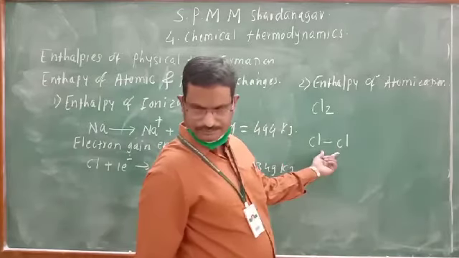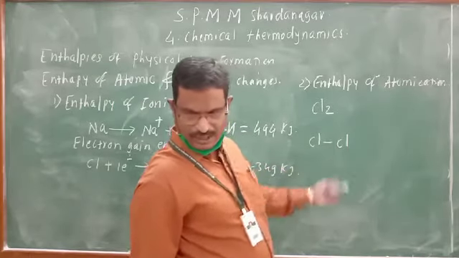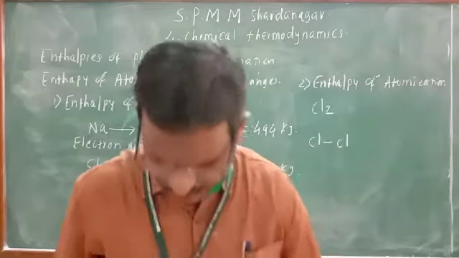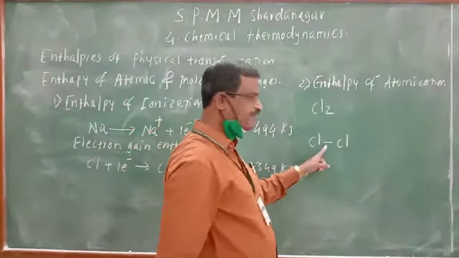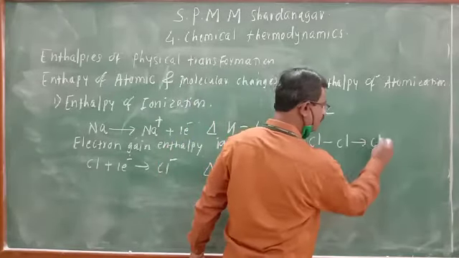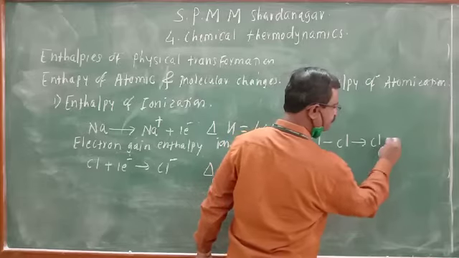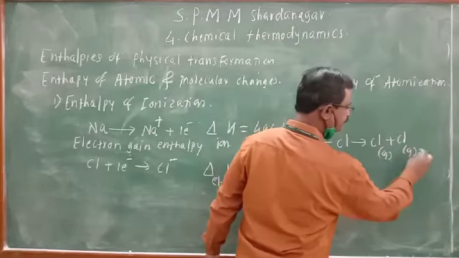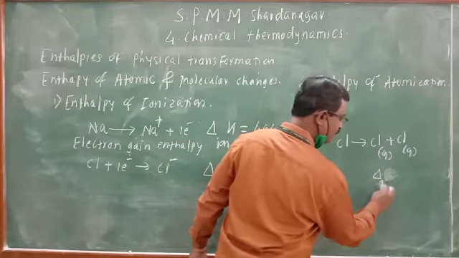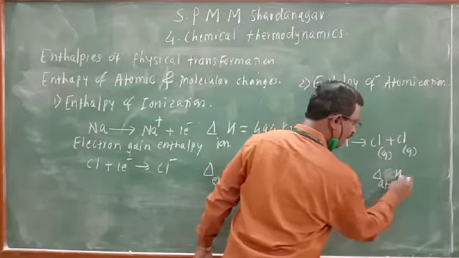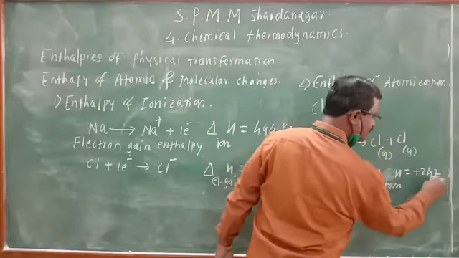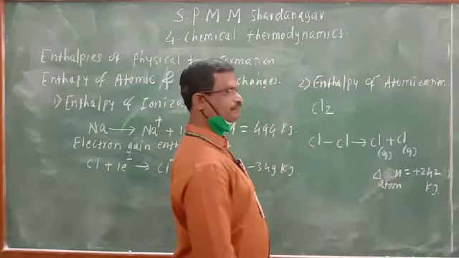This bond is broken between the two chlorine atoms, and two chlorine atoms get separated from each other. In order to break this bond, it absorbs energy and is converted to chlorine atoms. That energy absorbed is known as enthalpy of atomization. For chlorine, this value is plus 242 kilojoule.